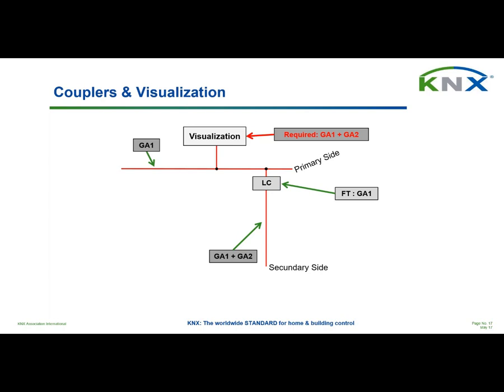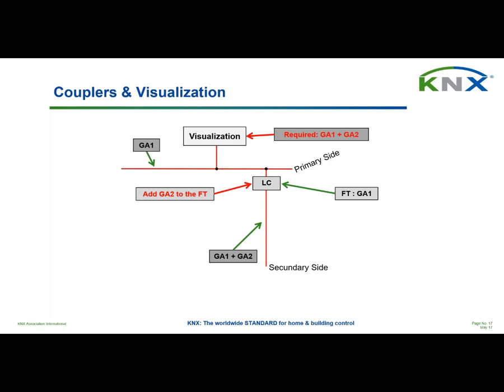It will point out to the ETS user that you need to update this device, and if you forget about group address 2, you probably just program the device. This is not good. So what is the solution?